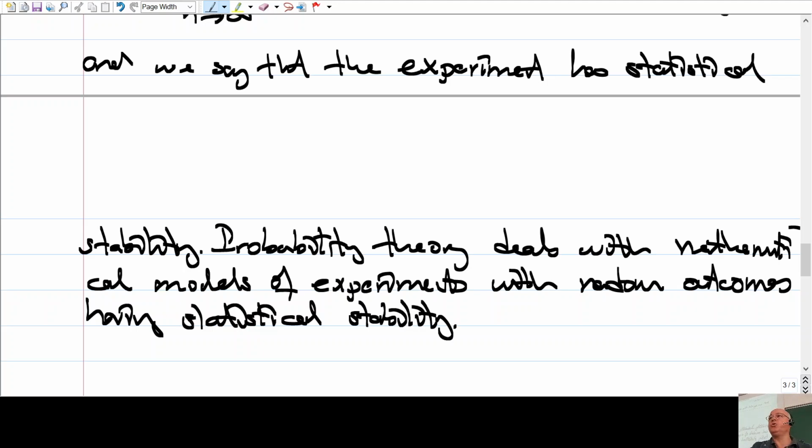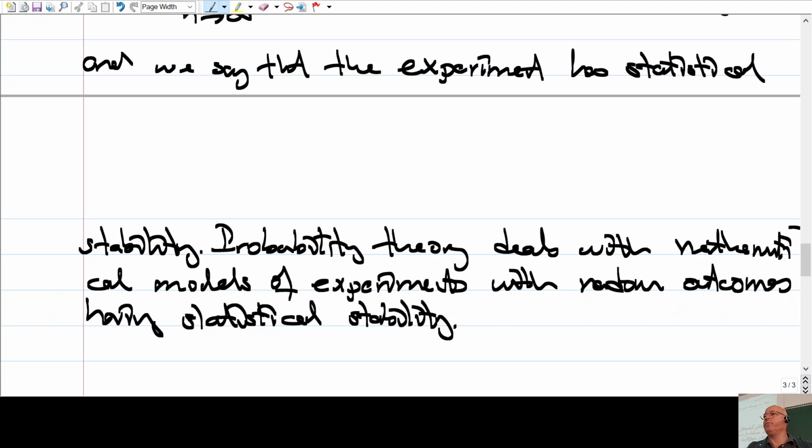So you ask two things for that experiment to be a subject of probability theory. It should have random outcomes, and the above limit should exist. In other words, the experiment should have statistical stability, right?